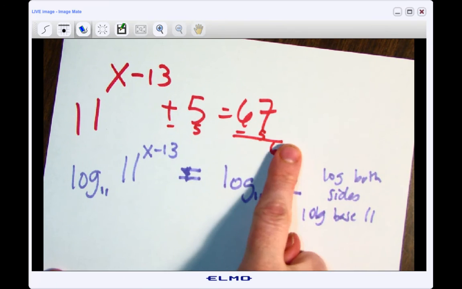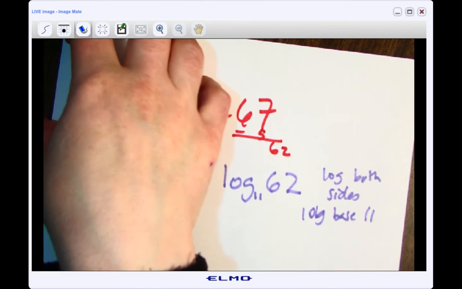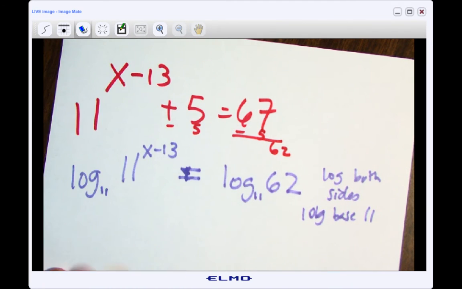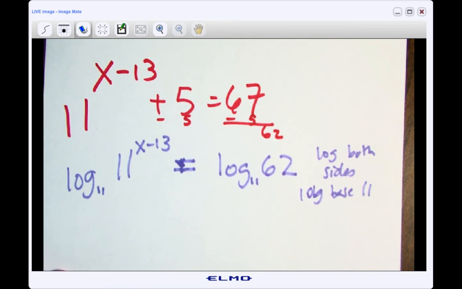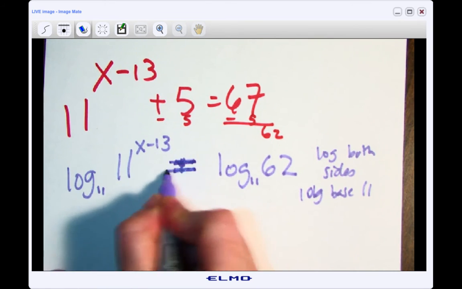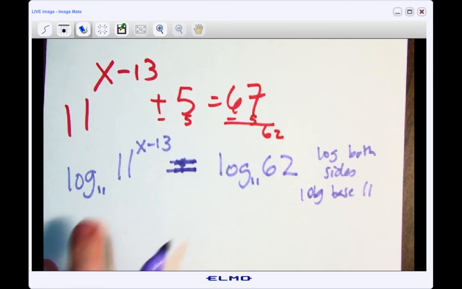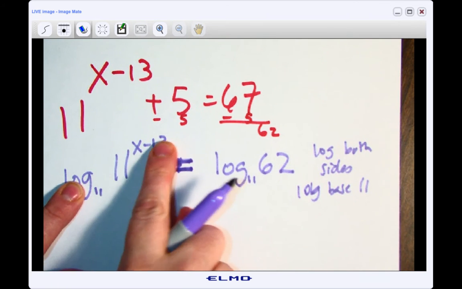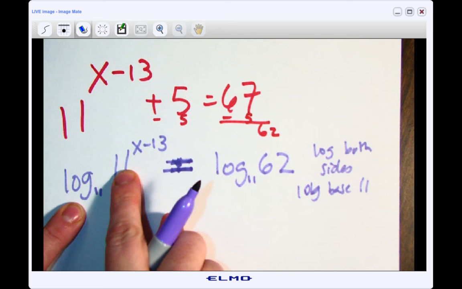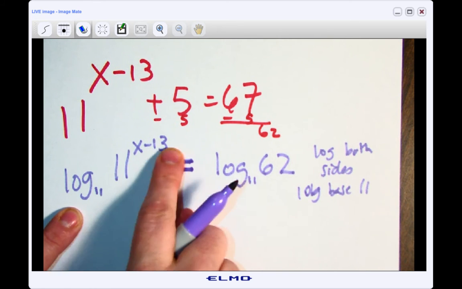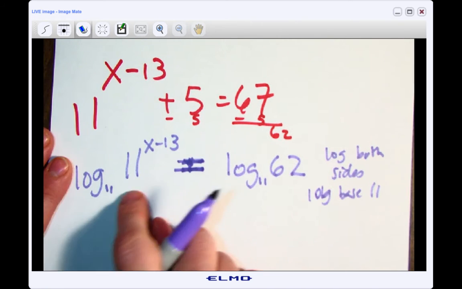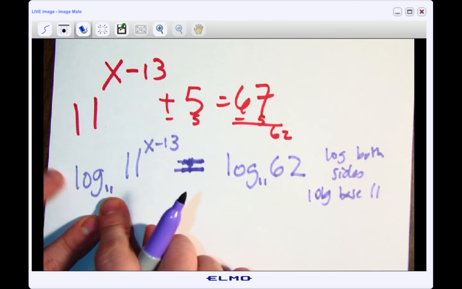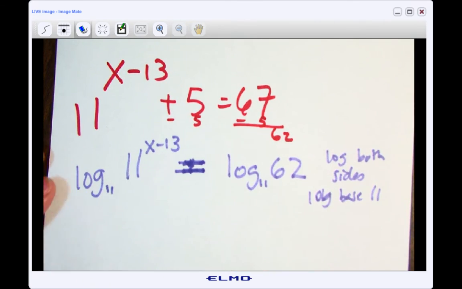Okay, so we subtracted the 5 from both sides to get the 11 expression all by itself. And then I log both sides just like I did in the last video. So these two things are now equal. Over here, this says what you've got to raise 11 to get 11 to the x minus 13, or when I compose these two, right?